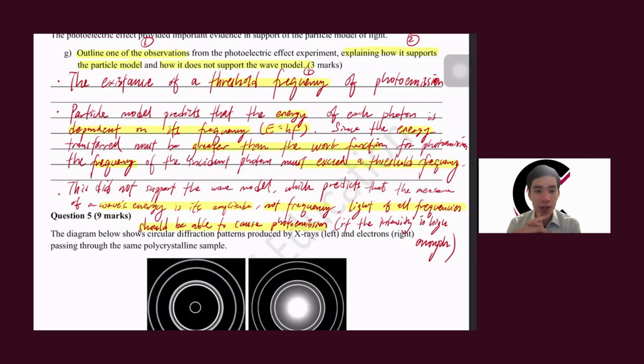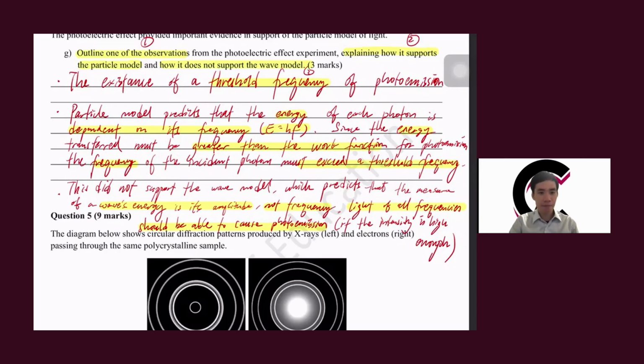And you can also say independence of the stopping voltage and the intensity, because intensity in the language of a particle model refers to the number of photons. It has nothing to do with energy, once again, but the wave model interprets intensity as energy. So these are the main things you should point out in your response.